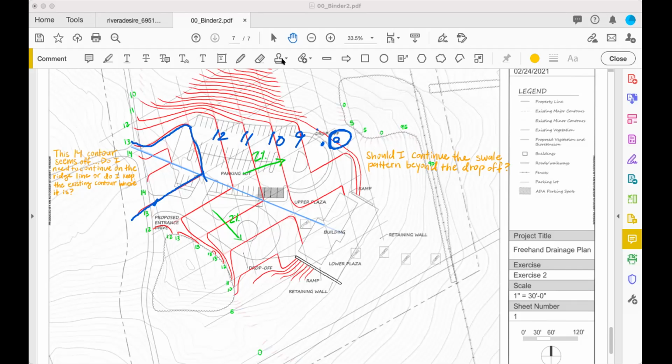Oh, that's my 14. That's my 13. Didn't erase everything, huh? That's my 13. And my 12 actually goes here.